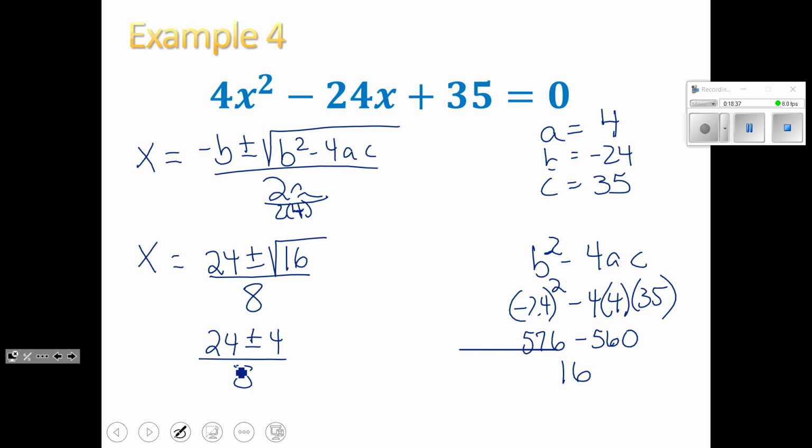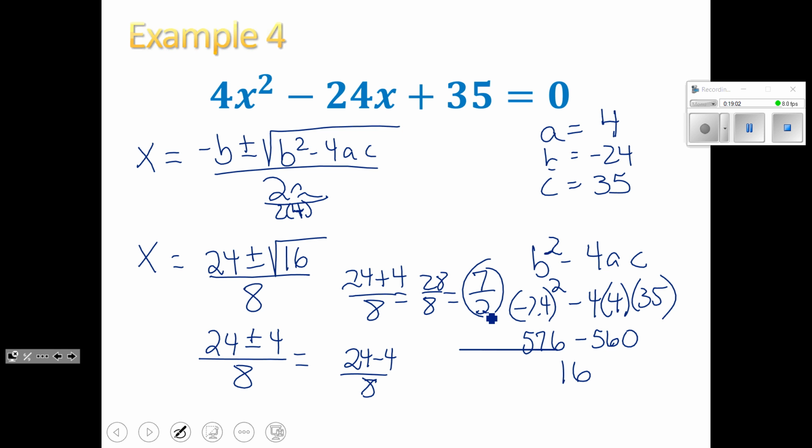Let's divide and conquer. 24 plus 4 over 8, and then 24 minus 4 over 8. So 24 plus 4 is going to be 28 over 8, which is equal to 7 over 2.